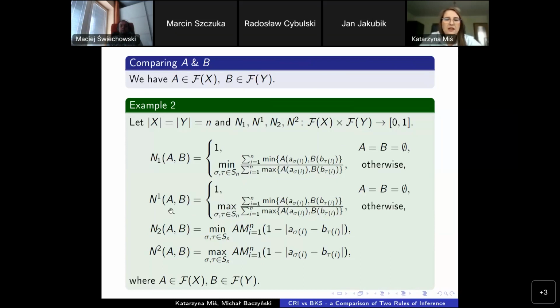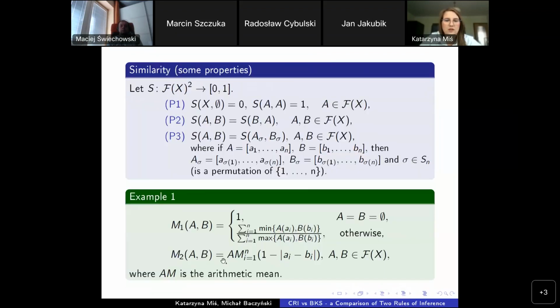And the second one is the same: N2 with the upper index. However, we again take minimal and maximal possible values, according to the last example, which was given here for M2.